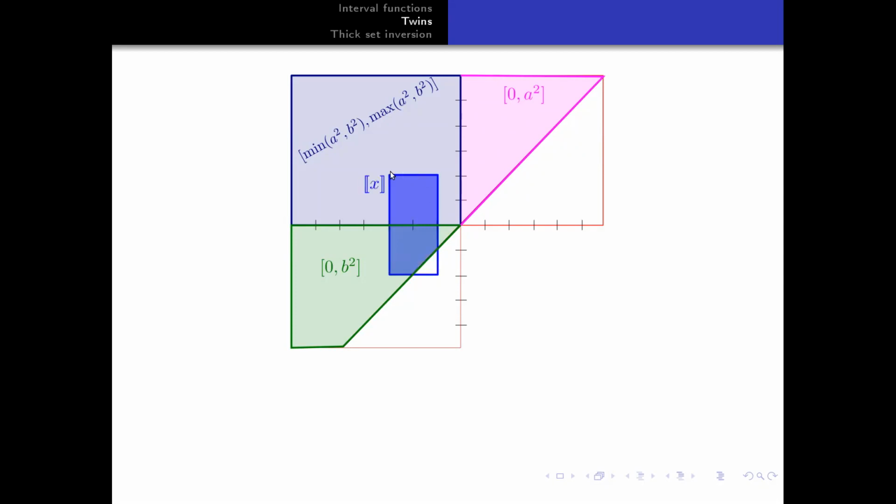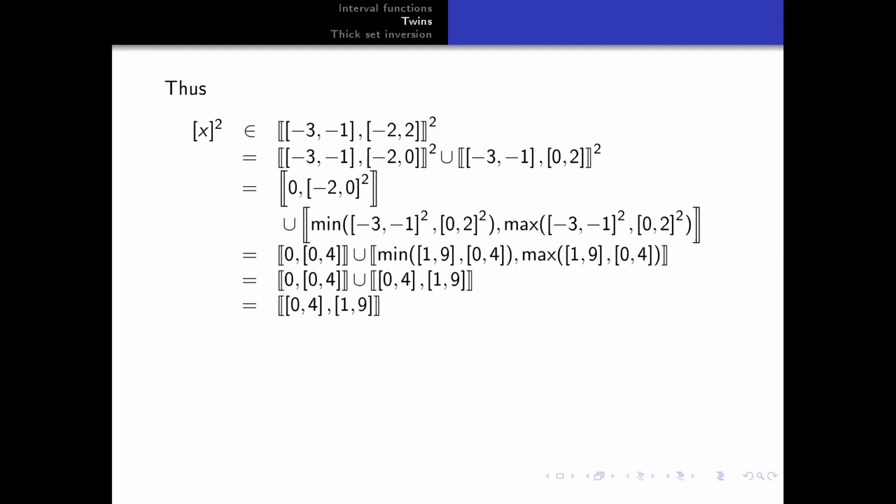And if I have to compute the image of this kind of box of twin like X, then I will have to bisect depending on the zone where it is, and then compute using the closed form. Since all expressions here are monotonic, I am sure that I will obtain the smallest box for the twin X. So just to show how it works in practice, I consider a twin.